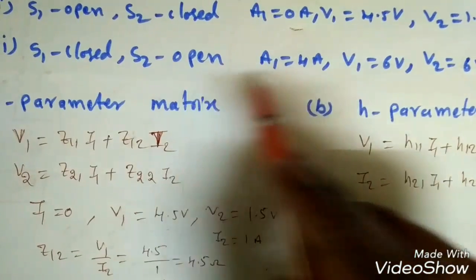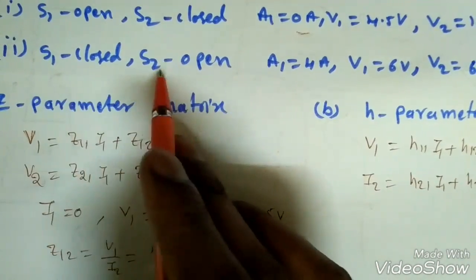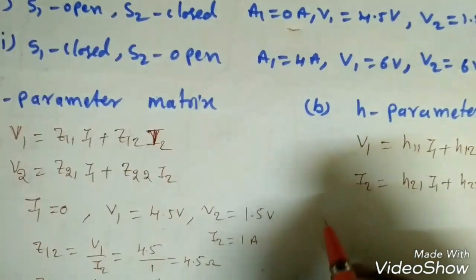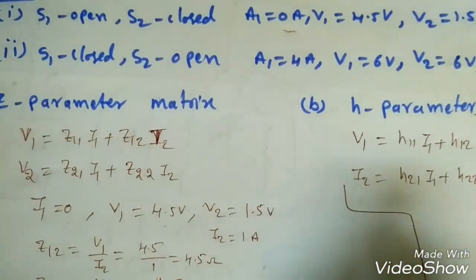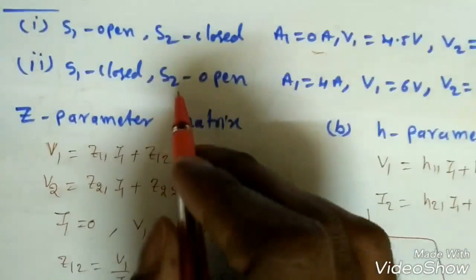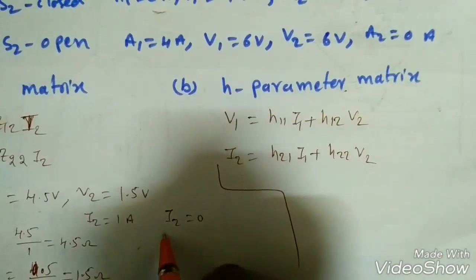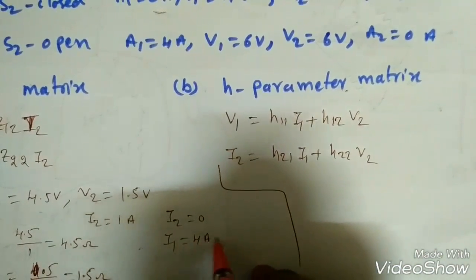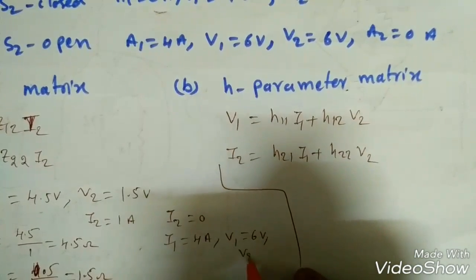Now from the second condition, A1 reads 4 amperes, S1 is closed and S2 is open. So I2 is equal to 0 because S2 is open, I1 is 4 amperes, V1 is 6 volts, V2 is 6 volts.